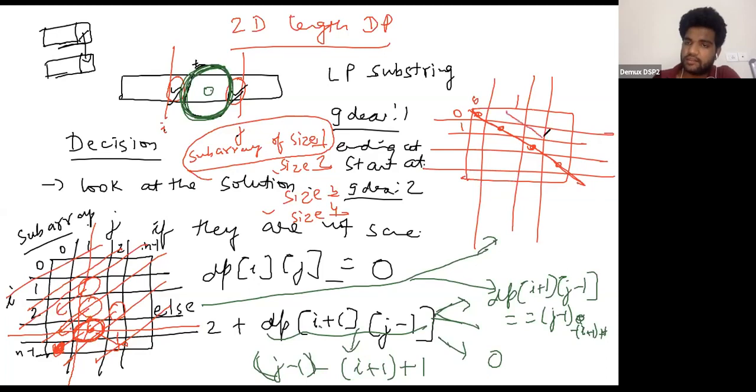Then you will fill this row. These are of length 2. Then you will fill here. These will be of length 3. This part is not relevant for you because you are assuming that j is always greater than i. So half of the matrix you will not be filling.